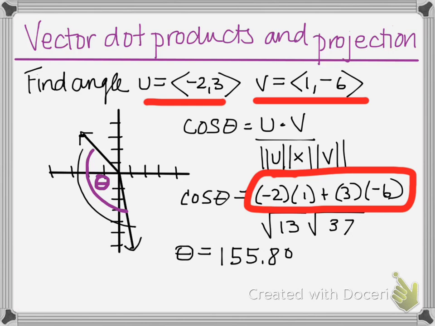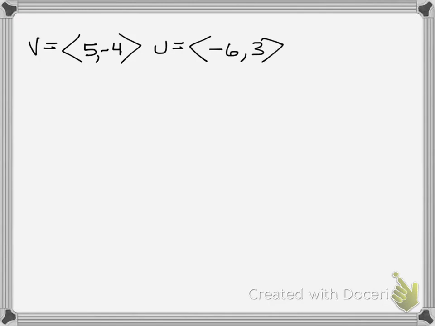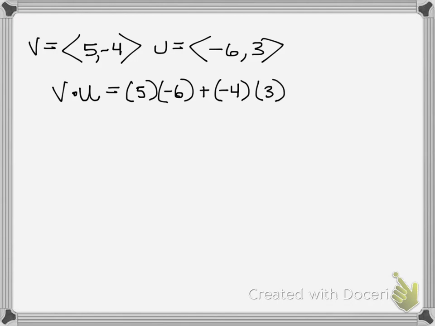I'll just look at one more dot product out of context, just for an example. If I had vector v is equal to 5, negative 4, and vector u is equal to negative 6, 3, the dot product v dot u would be equal to 5 times negative 6 plus negative 4 times 3.